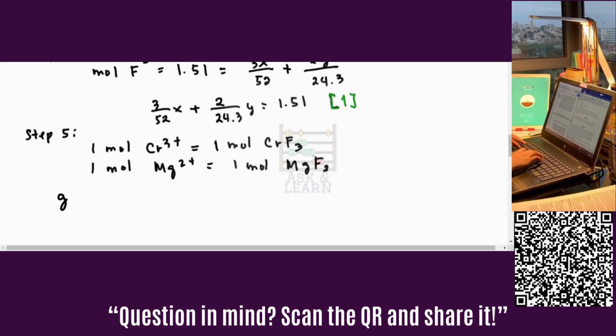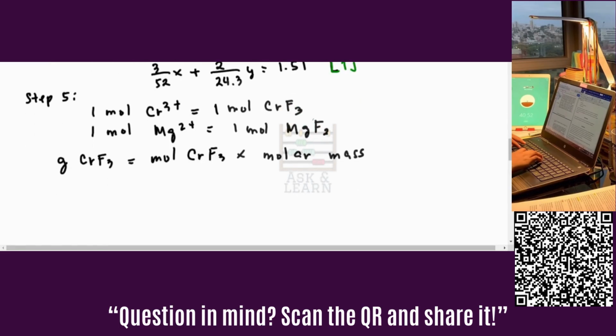So we have grams of CrF3 is going to be, so we may start with the moles of CrF3 times its molar mass, but what we know about the moles of CrF3 is that that is just equal to the moles of the chromium ion, which is x over 52 times the molar mass.